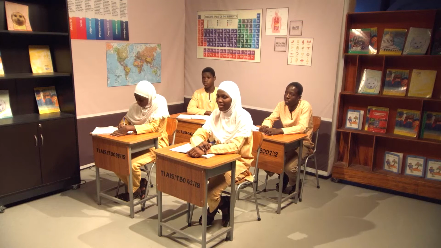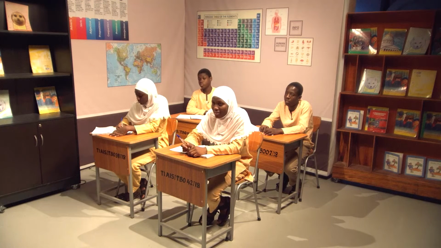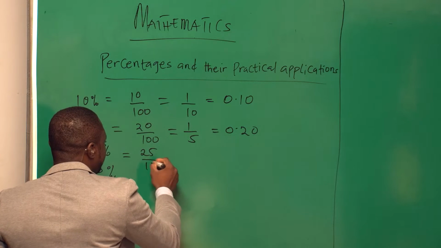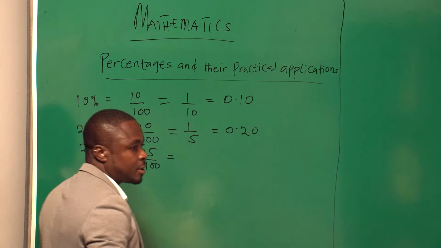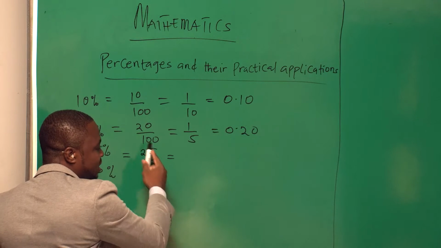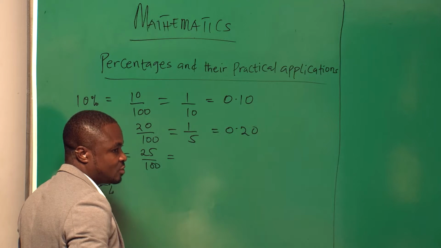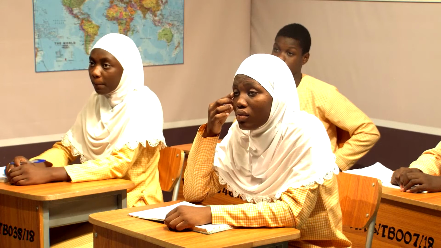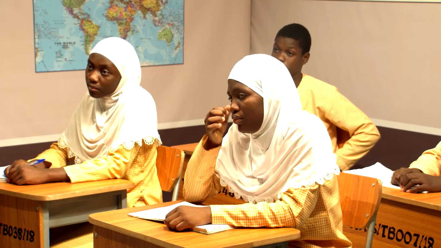That is very good. Okay, Asifa, we are looking at how to reduce it to its simplest form. So 25 into 100, how many times? 4. So you end up with what? 1 over 4.